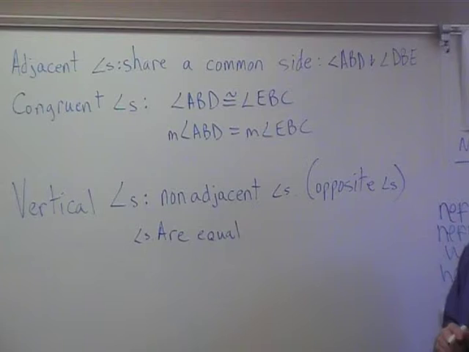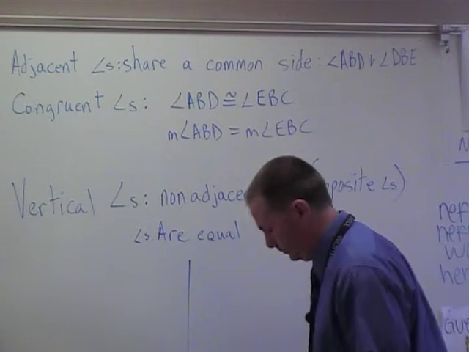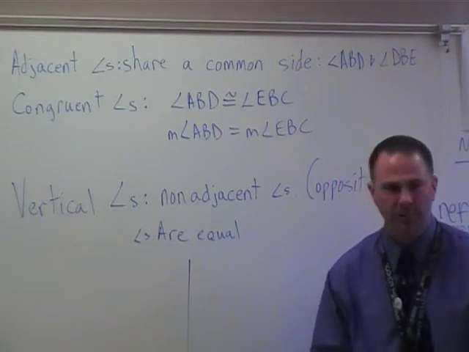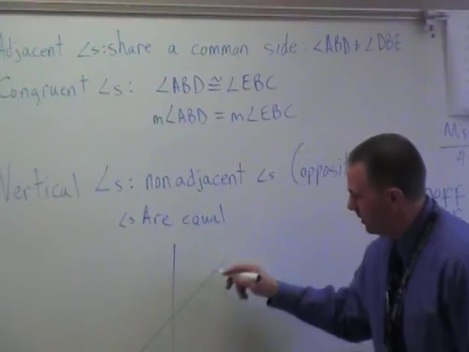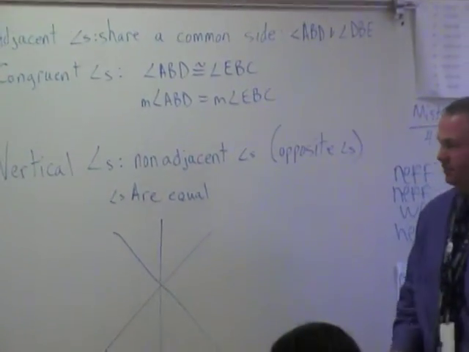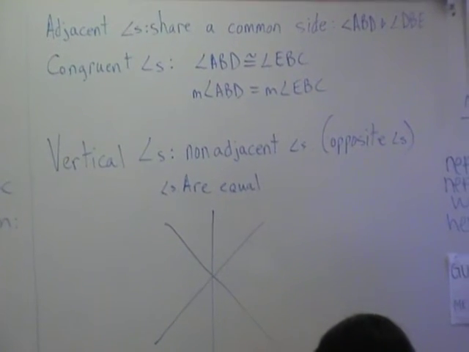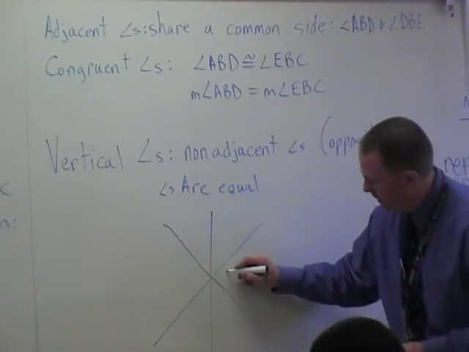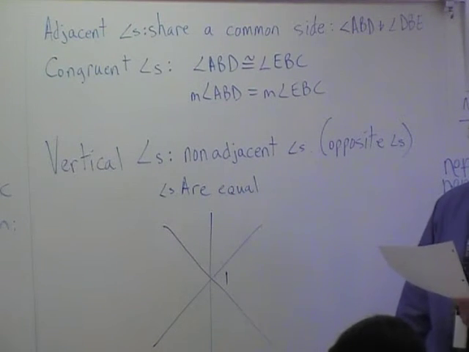So let's draw a picture. Everybody draw a straight line up and down. And then draw an X that meets on the line. Okay, so everybody put the 1 in the 3 o'clock position, like the 3 on a clock.